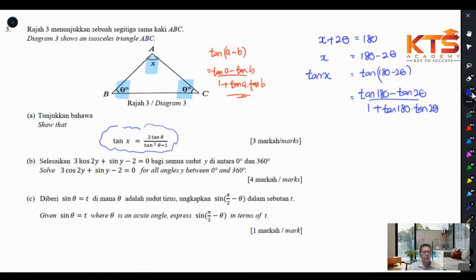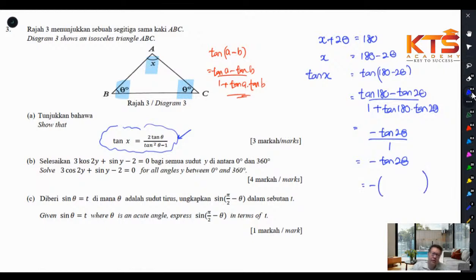Okay, so tangent 180 is 0. Negative tangent 2 theta over, tangent 180 is 0, so it will be negative over 1. So negative tangent 2 theta, but I want to get this one, so use the formula again.